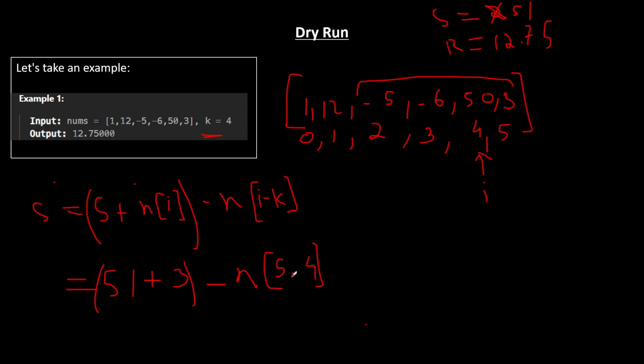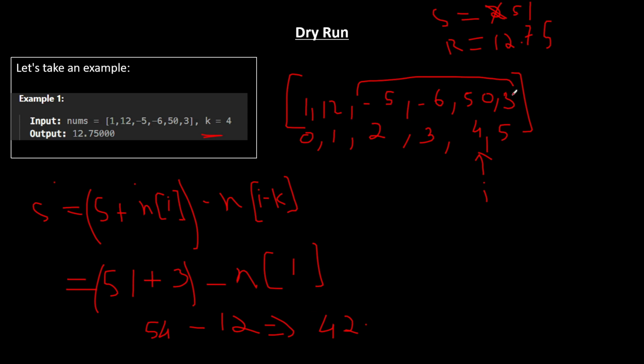We got 1. 5 minus 4 gives us 1. 51 plus 3 gives us 54. Nums of 1 is 12, which gives us 42. Okay, now we got 42.